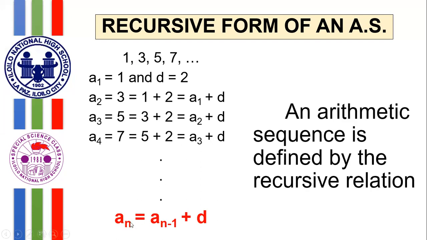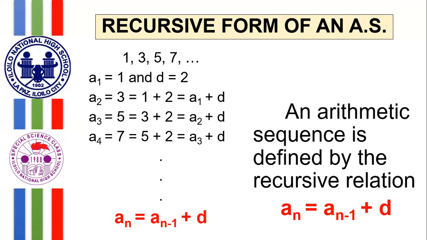And if it's n, then this one should be 1 less than the n here. That's why a sub n minus 1. That is why an arithmetic sequence is defined by the recursive relation a sub n equals a sub n minus 1 plus d. That is, to get a certain term, all you have to do is add the immediately preceding term to the common difference.